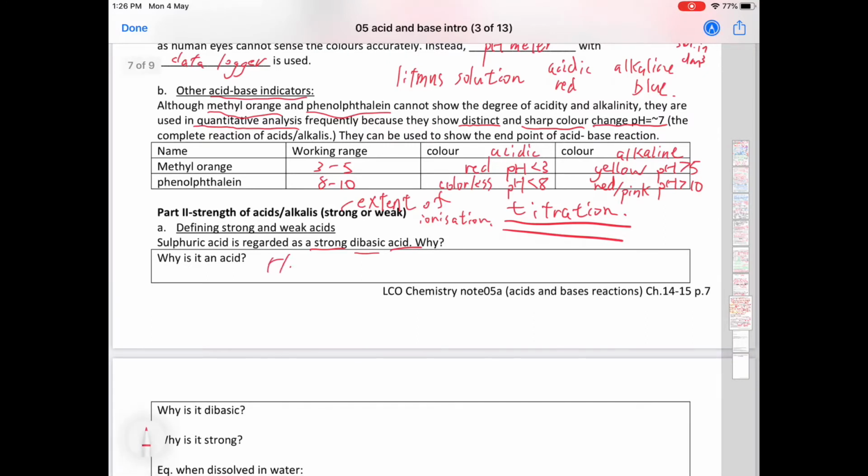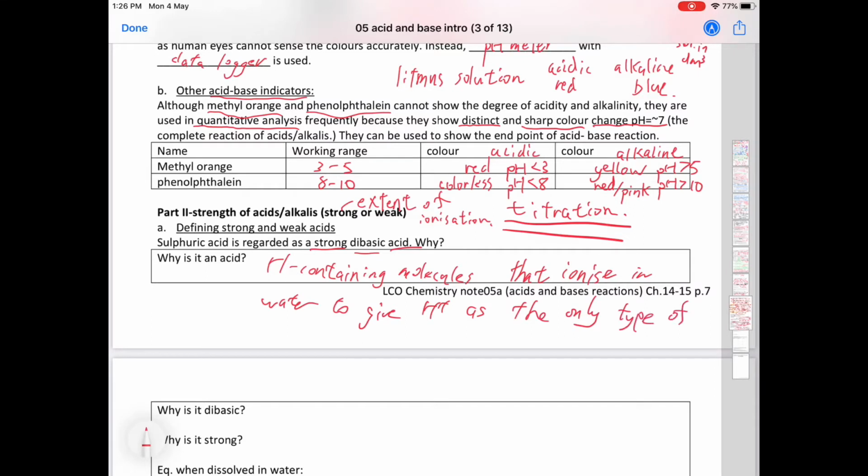It is a hydrogen containing molecule that will ionize in water to give hydrogen ion as the only type of cation. So that it is an acid.